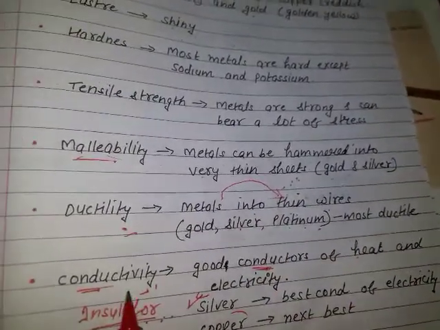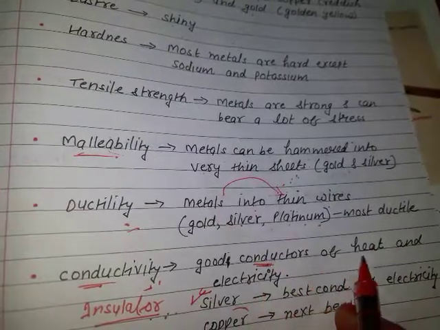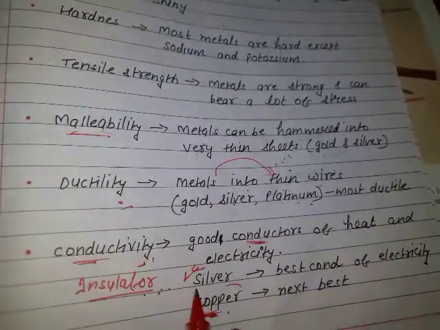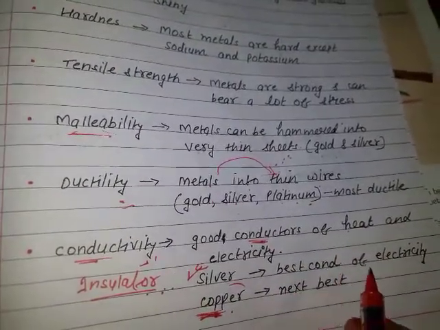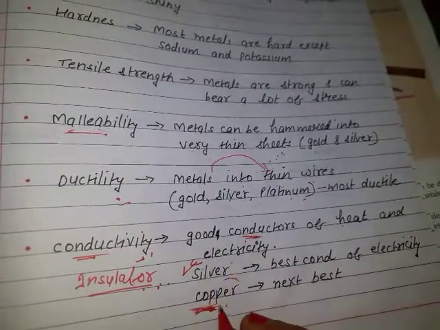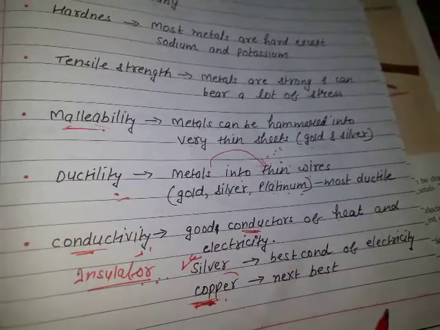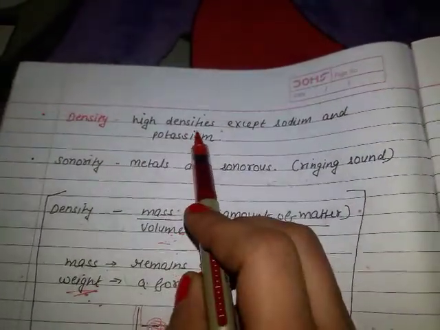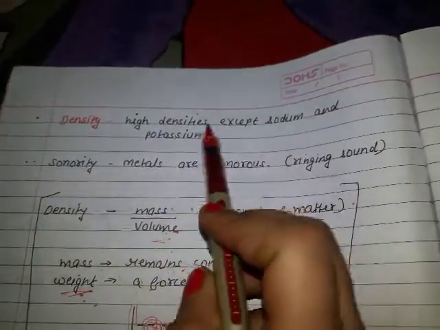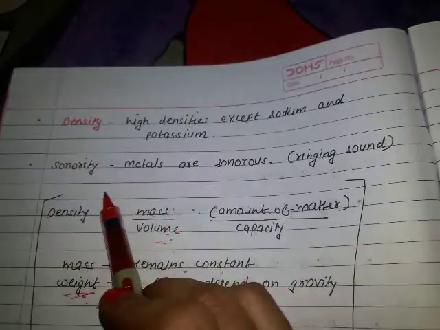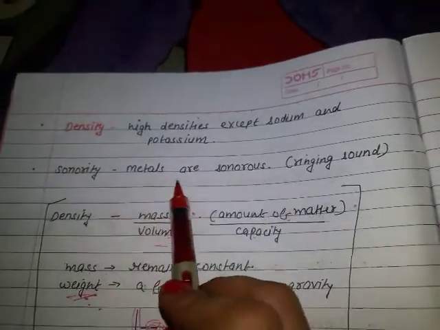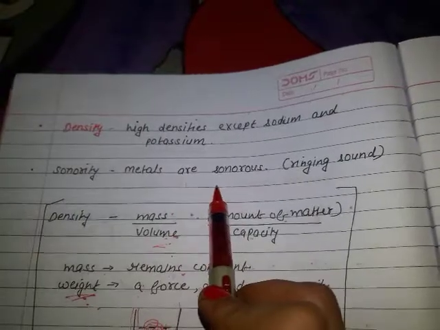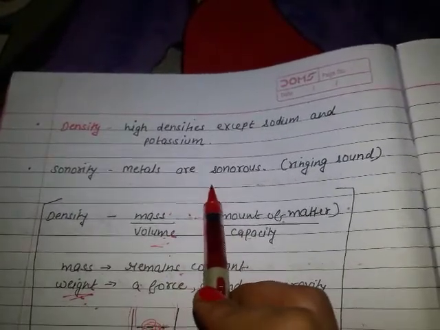Now conductivity, metals are the good conductors of heat and electricity, and silver is the best conductor of electricity. Next to silver is the copper. Next, metals are having high density except sodium and potassium. And the last point is that metals produce a ringing sound when hit by a hammer.